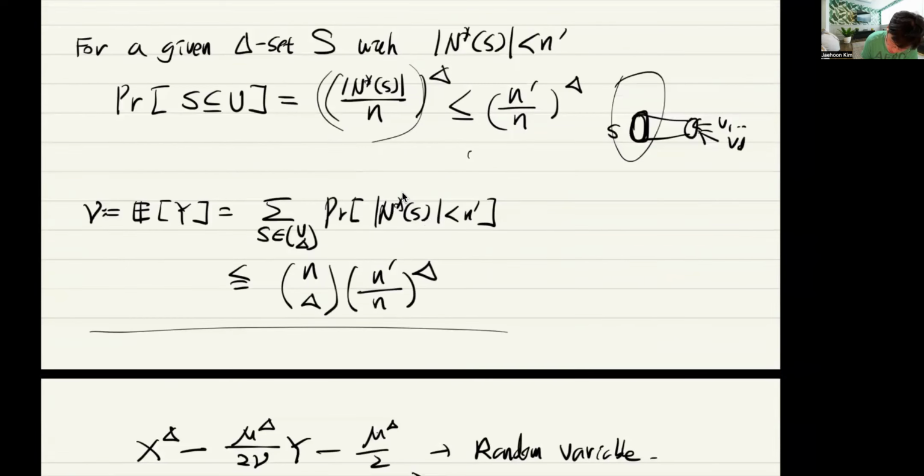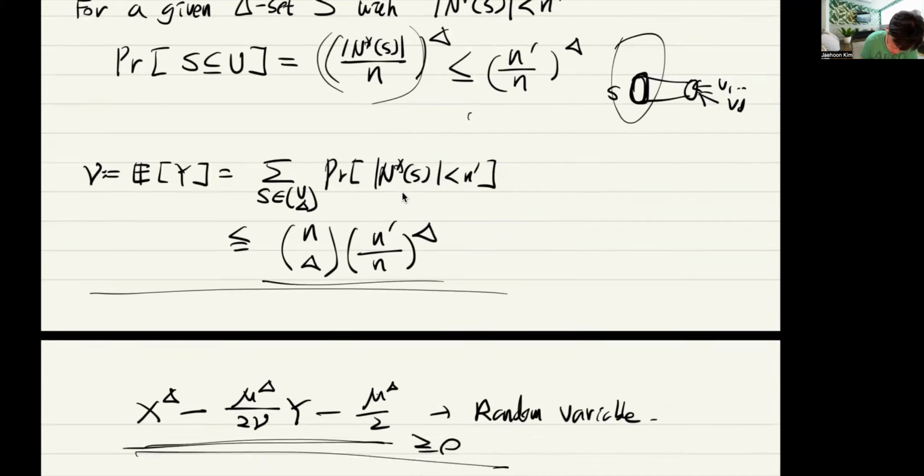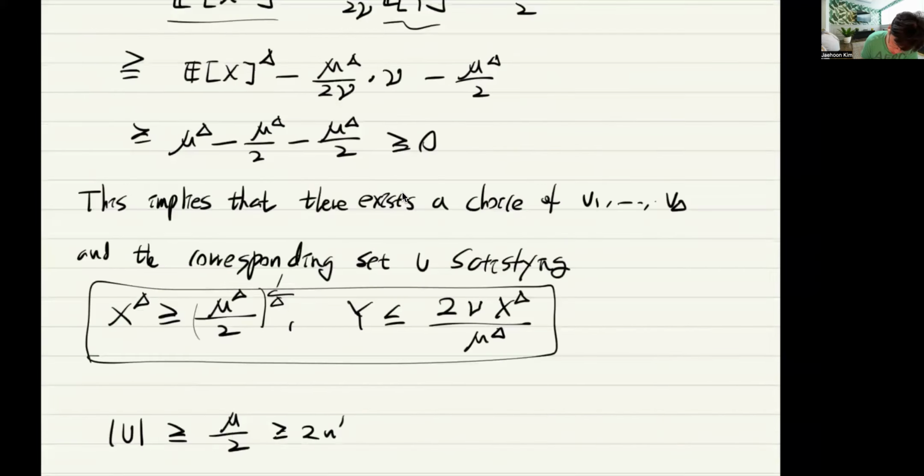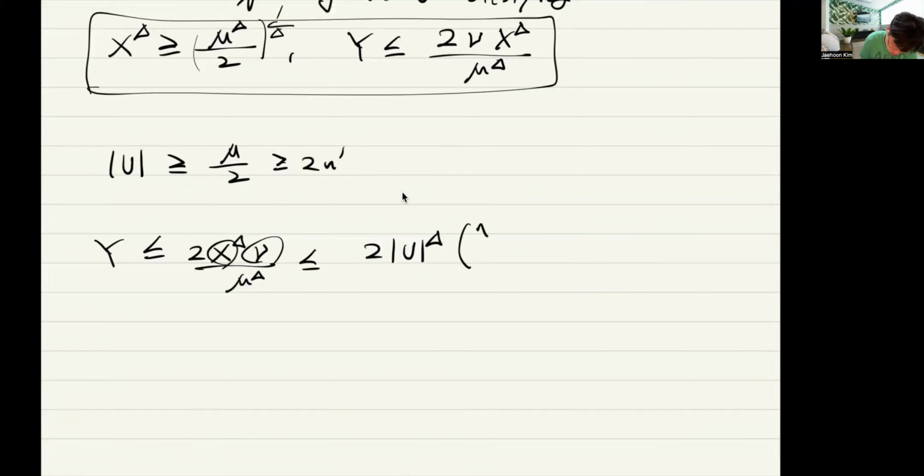Nu is this one. So this is at most that one. So n choose delta times n prime over n to the delta. And then this one is what? 1 over epsilon to the delta square times n to the delta.